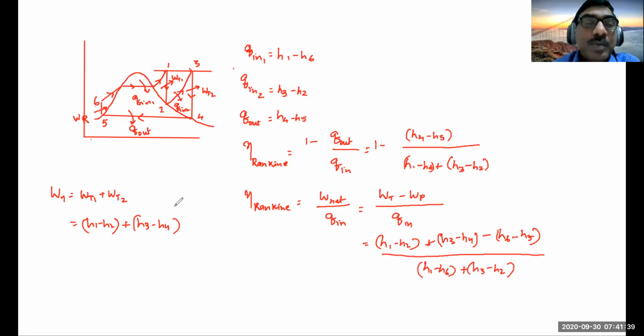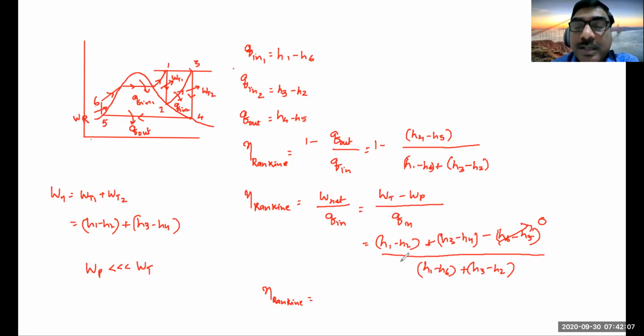Okay, so in most of the cases, this WP is very, very less than WT. The turbine work that is generated is very high when compared to the pump work. So sometimes it will be neglected. Therefore, you can write the Rankine efficiency as simply WT by Qin.